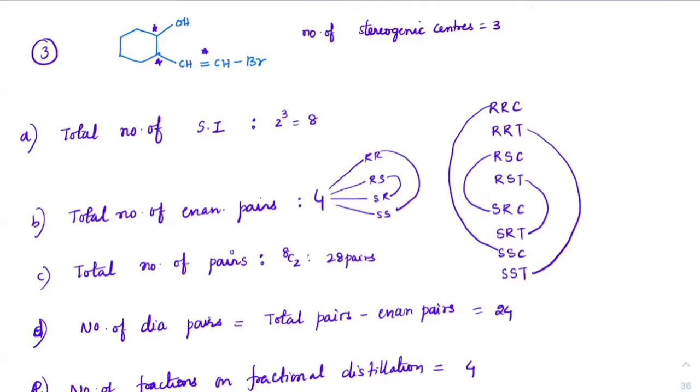Sir, as cis has a high boiling point, let S be the lower boiling point one. Then there would be a difference between RR cis and SS cis. Sorry, there would be the same. Achha, this is cis, this is cis.